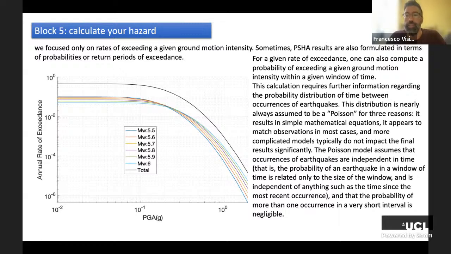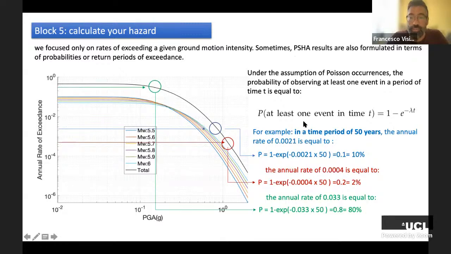To move from rate to probability, we use once again a Poisson model. If we use a Poisson model, we can calculate the probability of at least one event, in this case at least one exceedance of a given value of PGA in a certain time t, using the same formulation we used before.